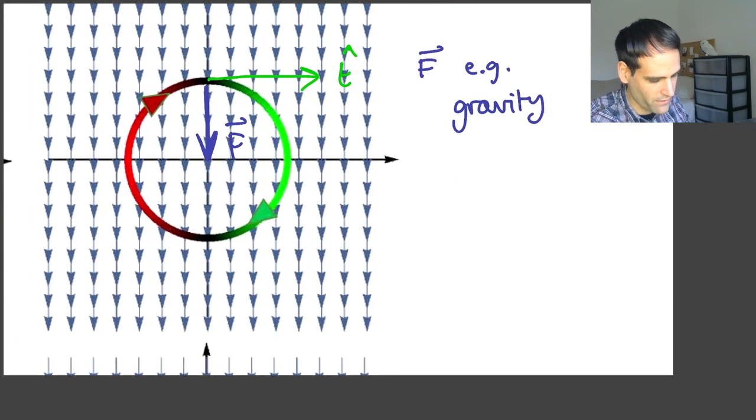While on the other side, the opposite happens. The tangent to the curve is pointing downwards at every point, and the force is also pointing downwards, so F dot t hat is positive. We have a very positive value here, and it gradually decreases until it reaches 0 here.